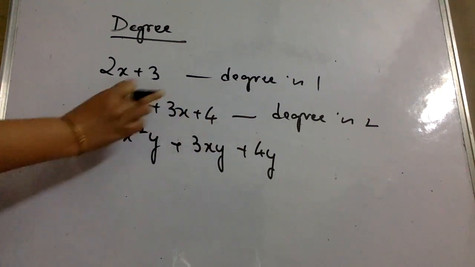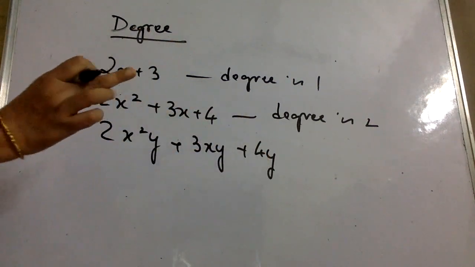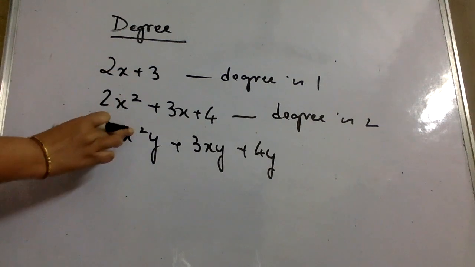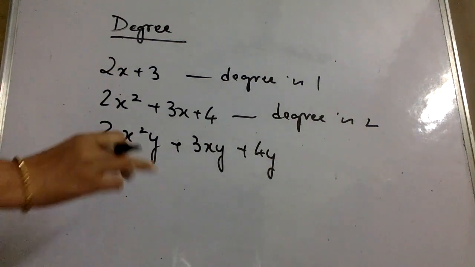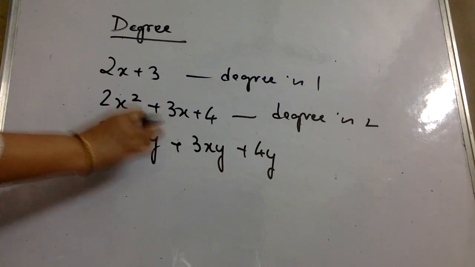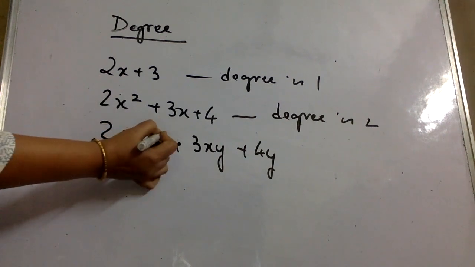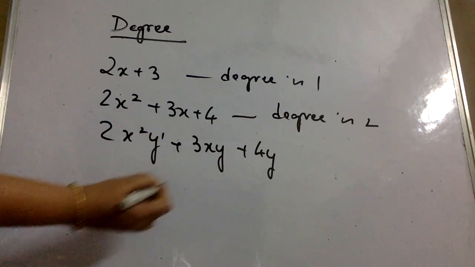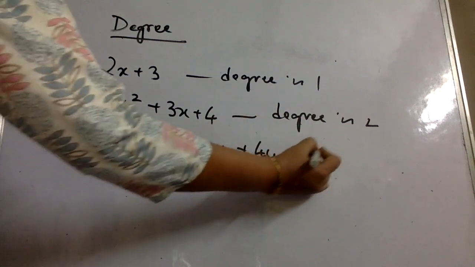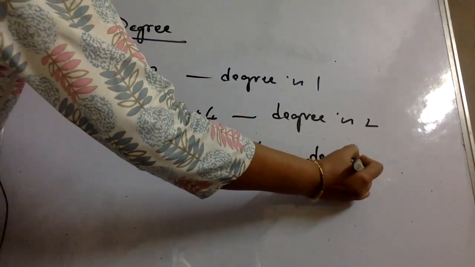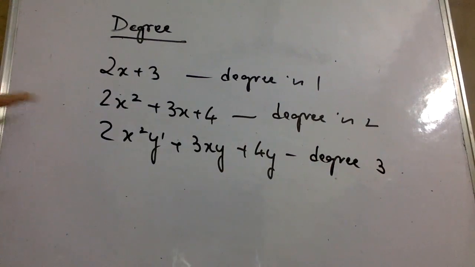That gives a 2. Here the power is 1 for the variables. We are not talking about the constants at all. Then here if you add this 2 with this 1, you get a 3. Therefore the highest power of the variables is 3, so this is a degree 3 polynomial.